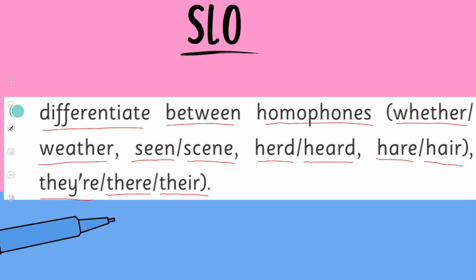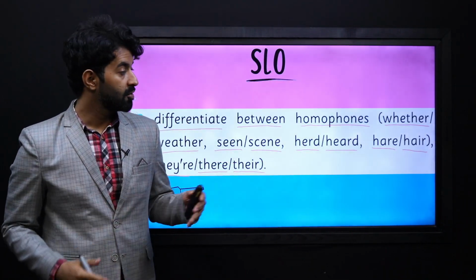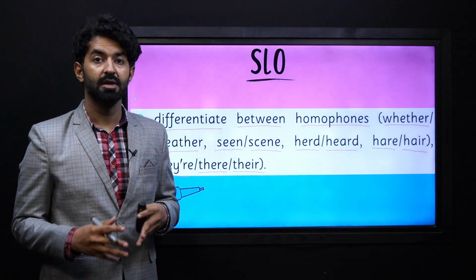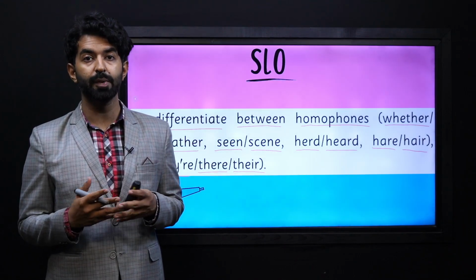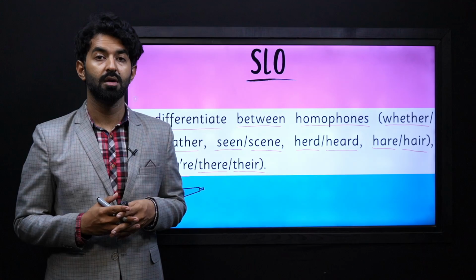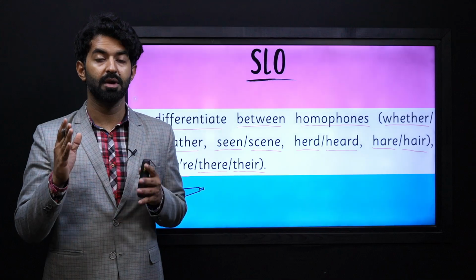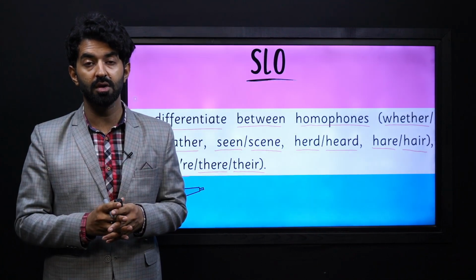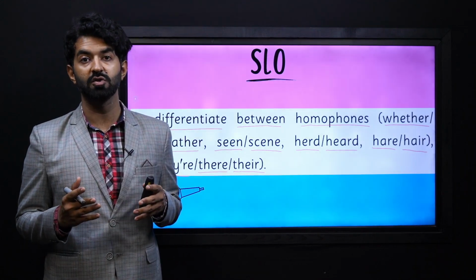Now, my dear learners, we are going to deal with homophones. You have seen all these words that I read in front of you from the SLO. They sound the same but they have different spellings. Such words are called homophones. They sound the same. They have different meanings but they are sounding the same.